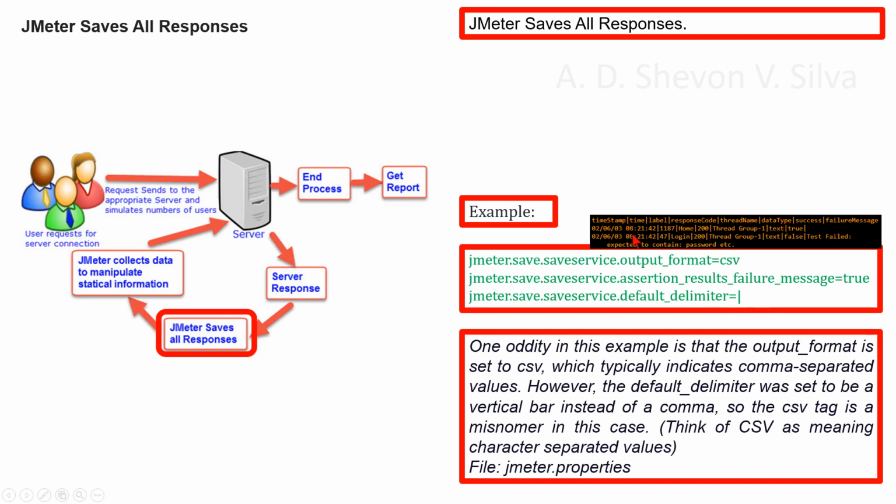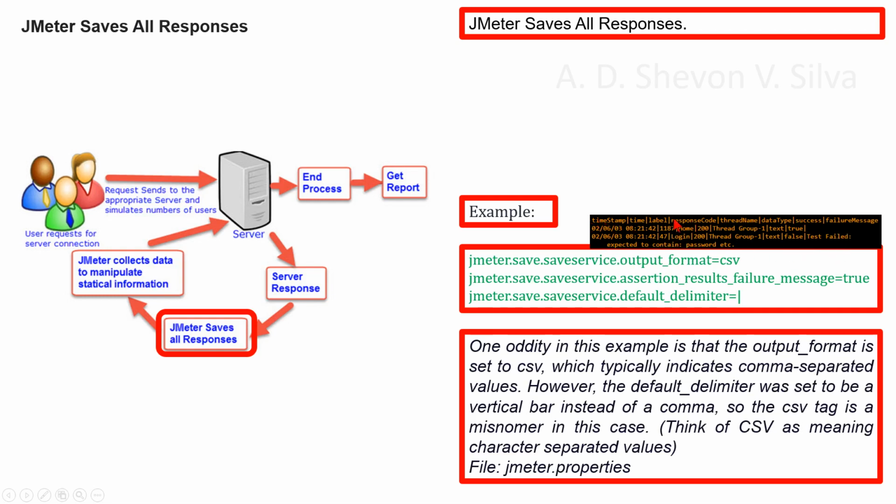This one indicates how to set properties to get a vertical bar delimited format that will output results like this.